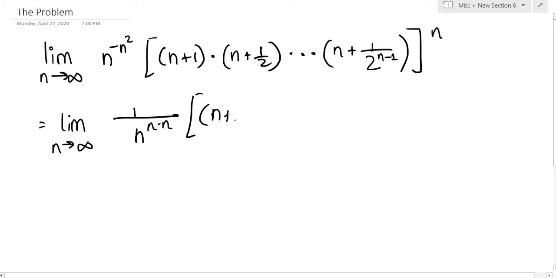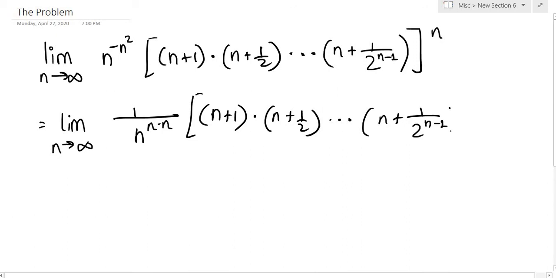The rest of it remains the same: n plus 1 times n plus 1 half dot dot dot n plus 1 over 2 raised to n minus 1, everything raised to the nth power.